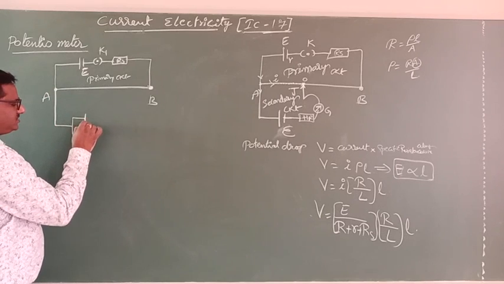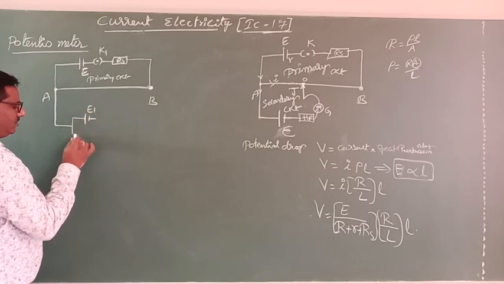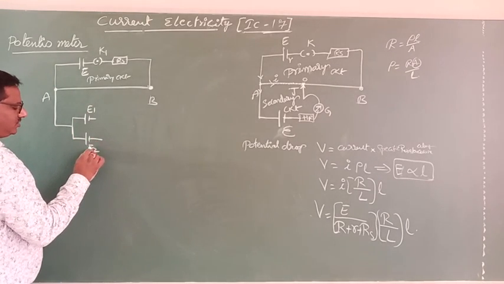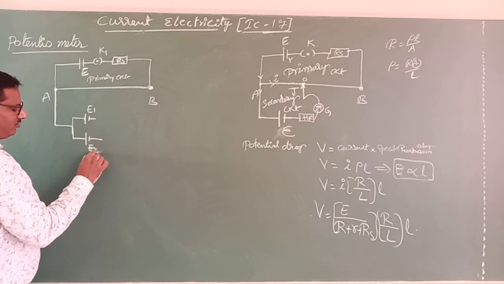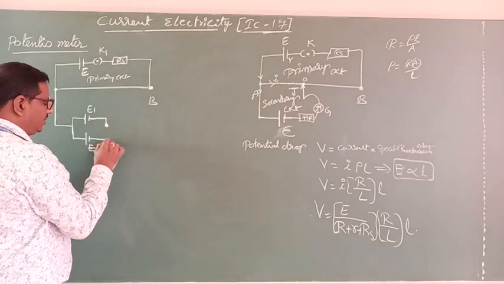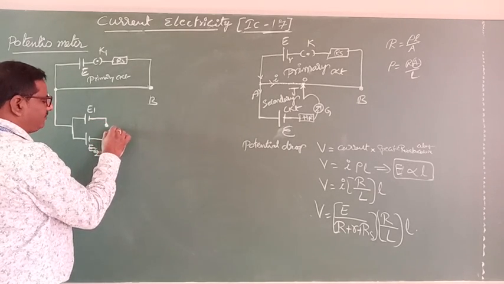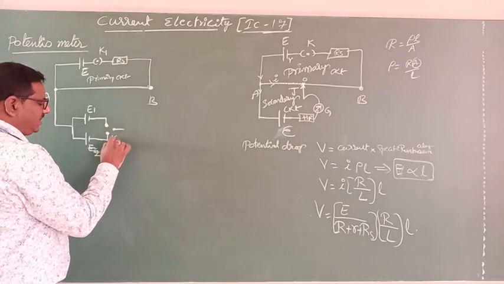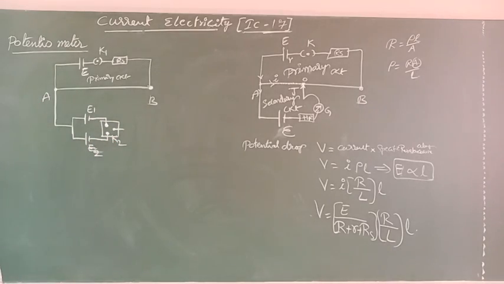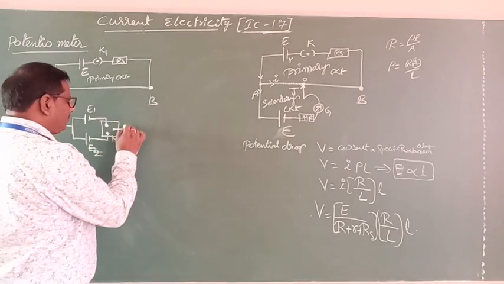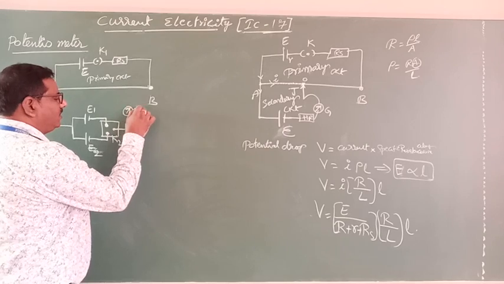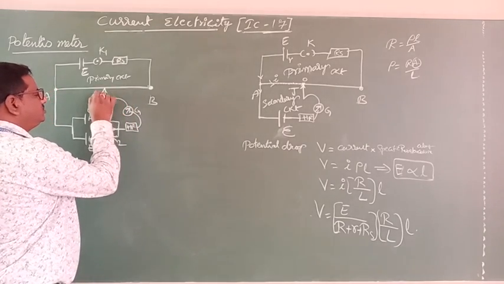This is the first cell, EMF E1. This is the second cell, EMF E2. These two are connected with a two-way key K2. After that, one high resistance, one galvanometer, and a jockey.